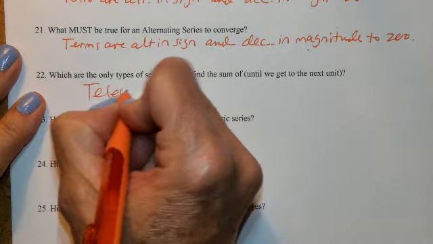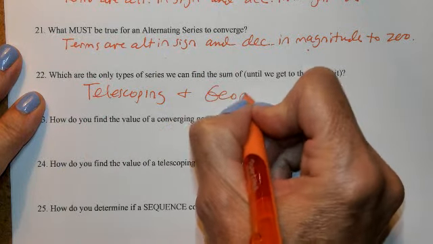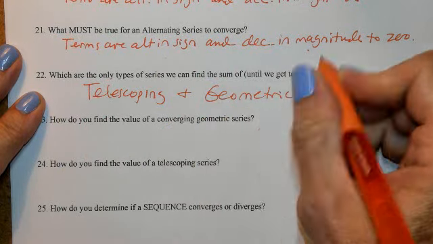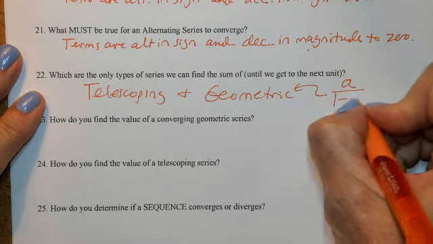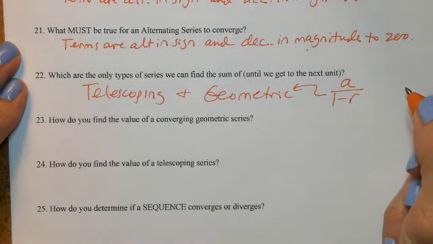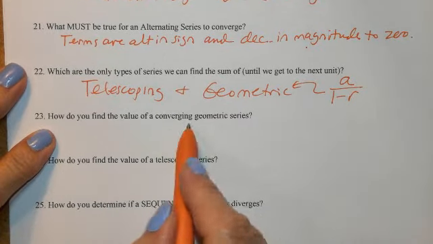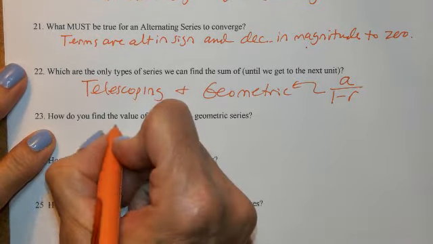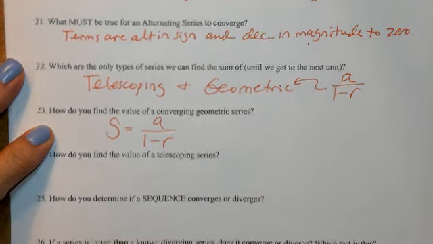Telescoping and geometric. Remember, for geometric, it's your first term divided by 1 minus r. How do you find the value of a converging geometric series? The first term divided by 1 minus r.